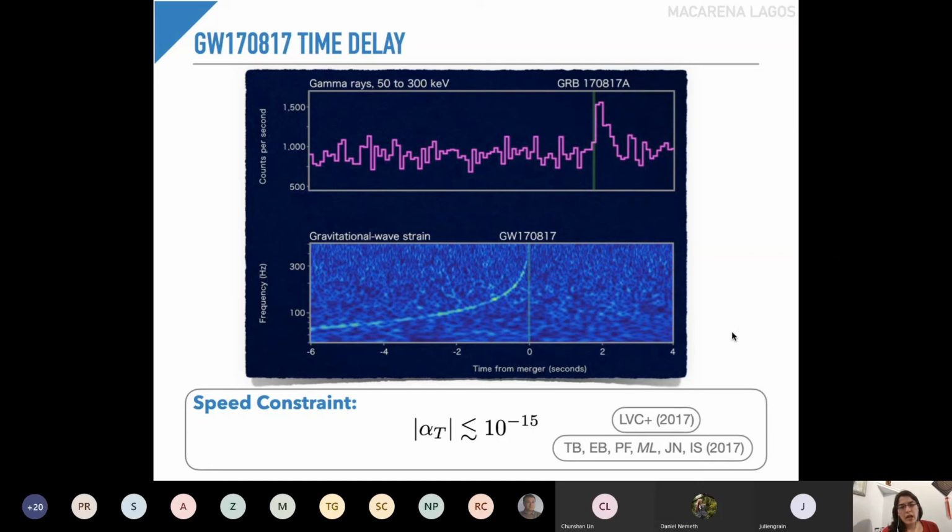So nowadays, people usually assume that alpha t probably is 0 and gravitational waves propagate at the speed of light. So let's continue working under that assumption and study how we can constrain also with these multi-messenger signals the other second modification, which was this effective Planck mass.